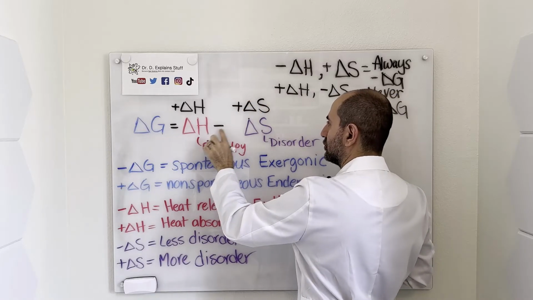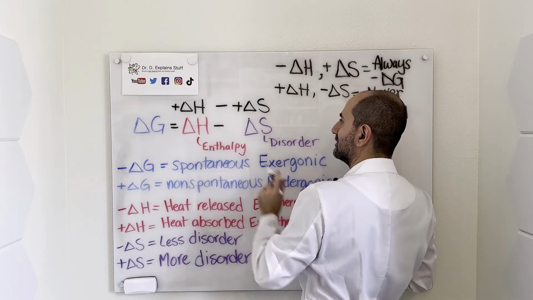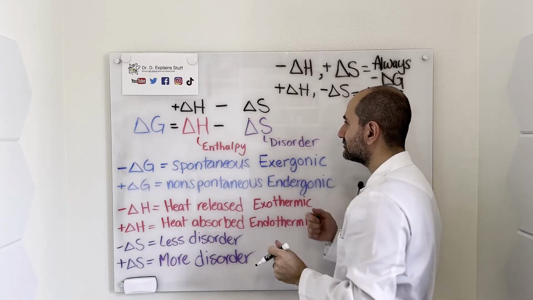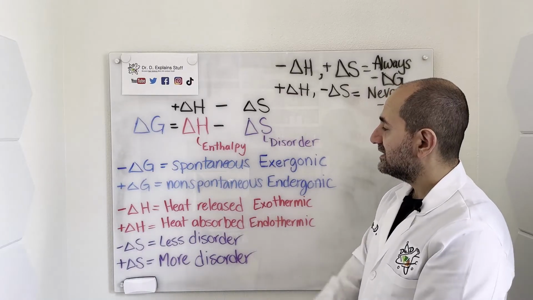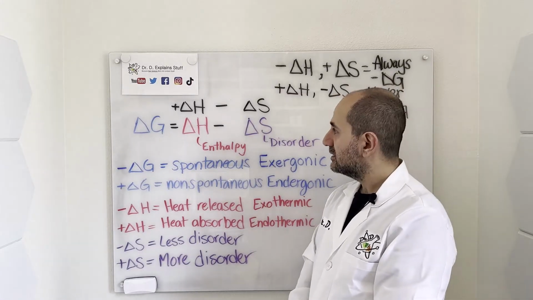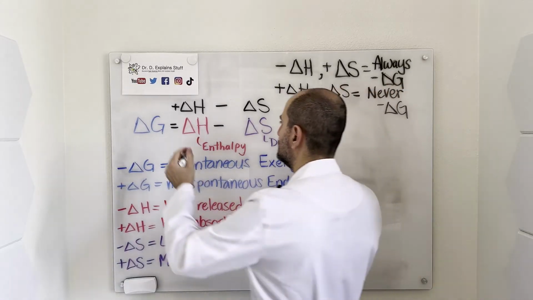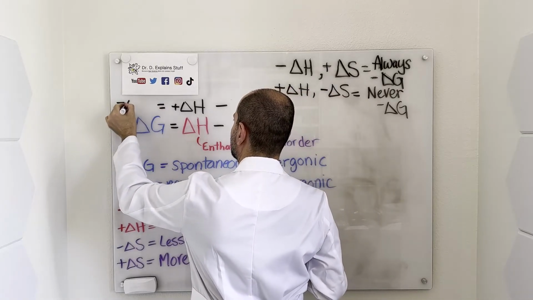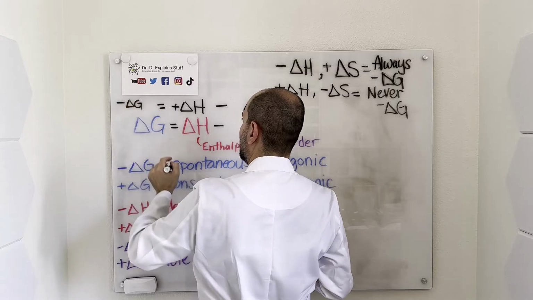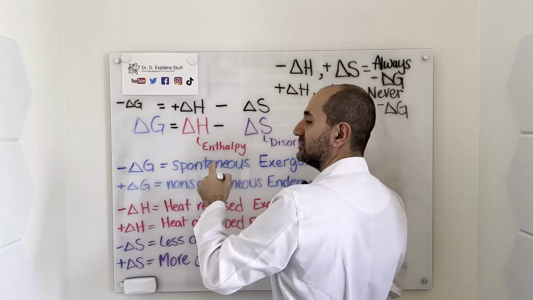But I need to subtract that positive delta S, right? So I can ignore that sign. So now let me ask you this. What does my delta G have to be? Can my delta G be negative? Can that happen? Well, let's try this.